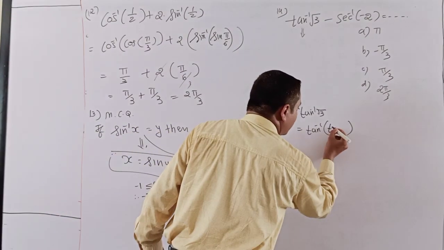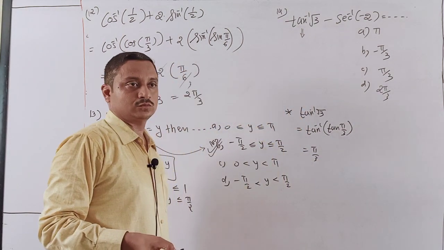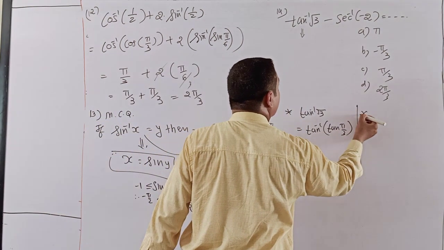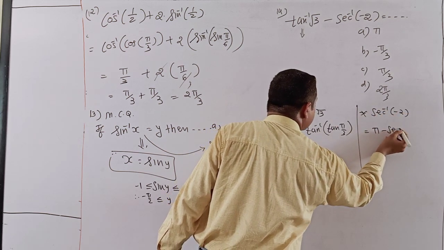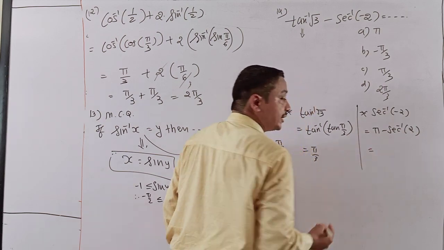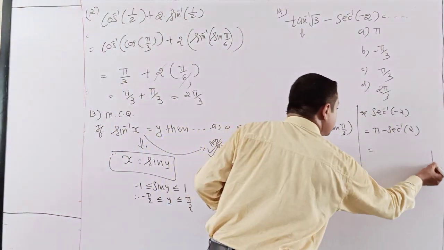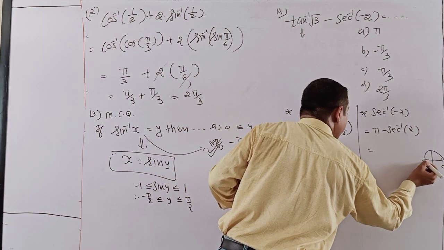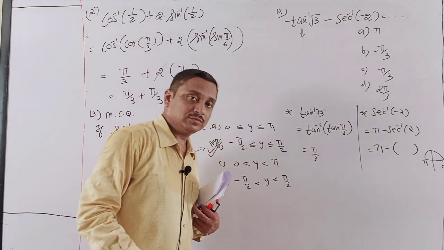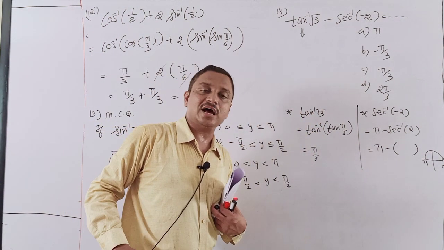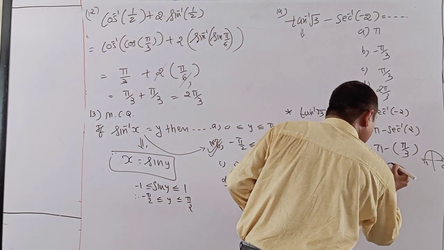So I just write down tan 60, tan pi by 3, my answer. And next one, sec inverse minus 2, which is pi minus. Because in second quadrant sec function is negative, according to range, your range is 0 to pi. Correct? No? Now when sec is 2, yes, cos 60 is half. Then sec 60 is also 2, means 2 pi by 3 then.